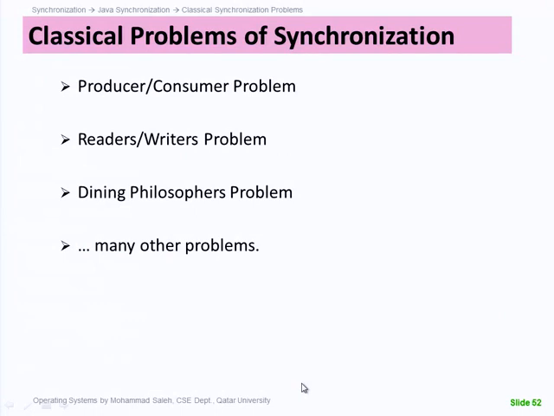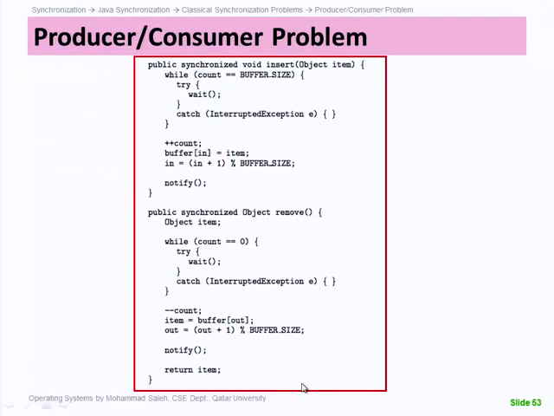We start with the producer-consumer problem. The main class that we're considering here is the bounded buffer class, which implements the buffer interface, if you remember. It has two methods, insert and remove.